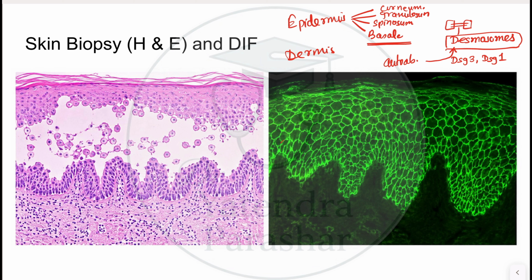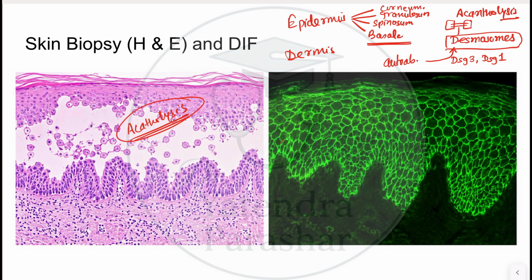It results in acantholysis, or loss of cohesion between the cells of the epidermal layer. Acantholysis is the characteristic feature of pemphigus vulgaris.